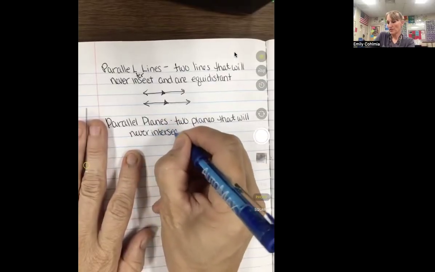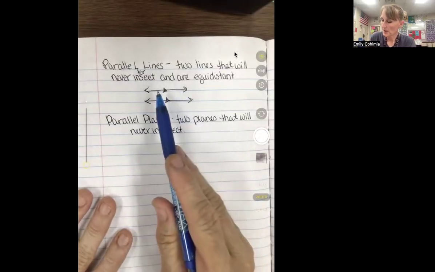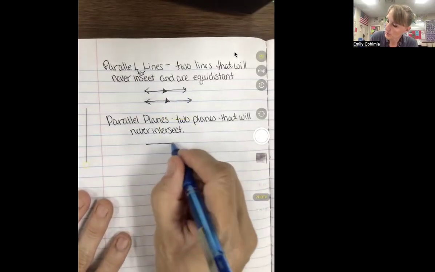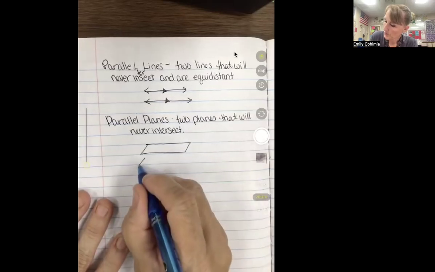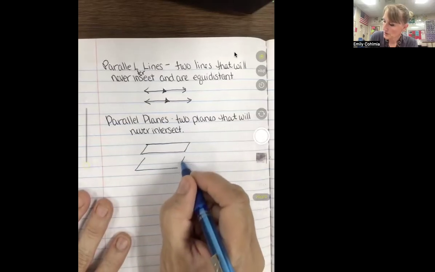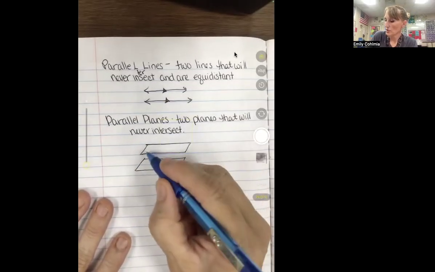And while they are equidistant to each other, this one doesn't have the same issue as parallel lines do with skew, because there is no such thing as skew planes.